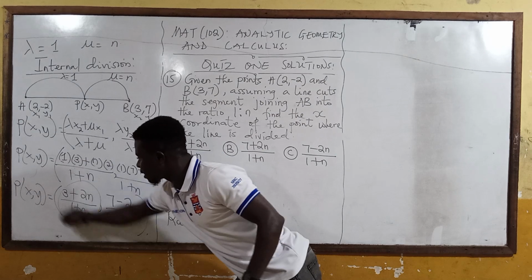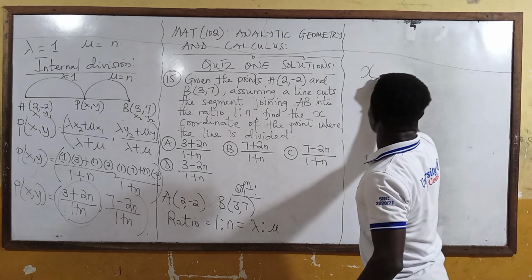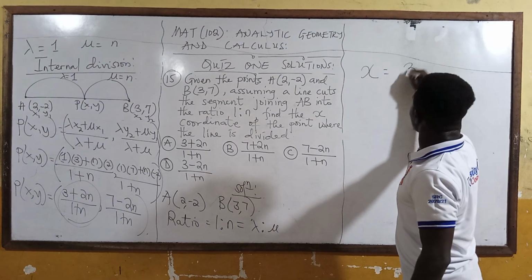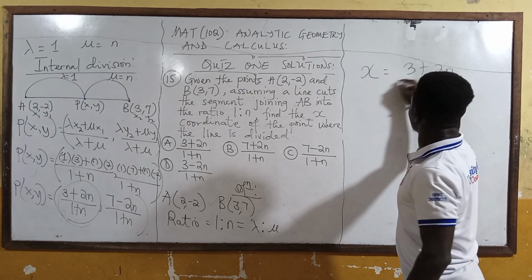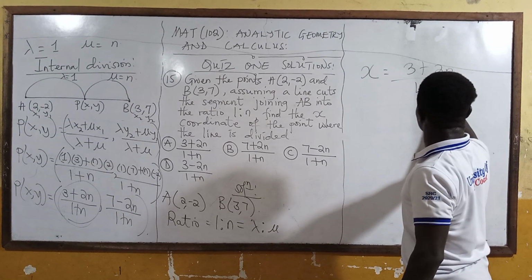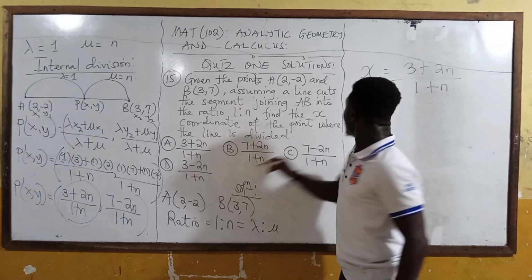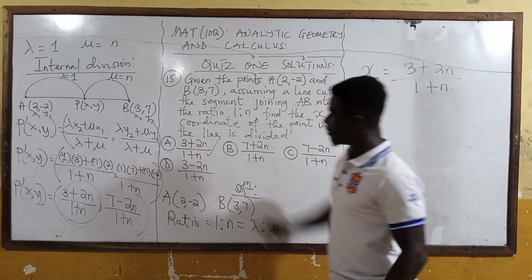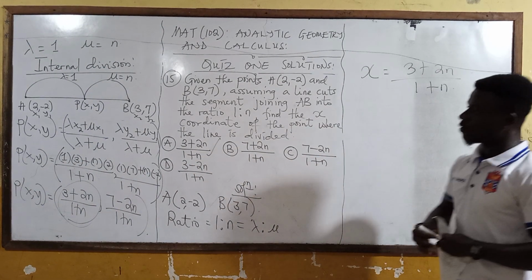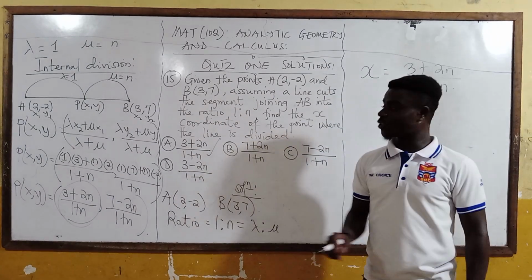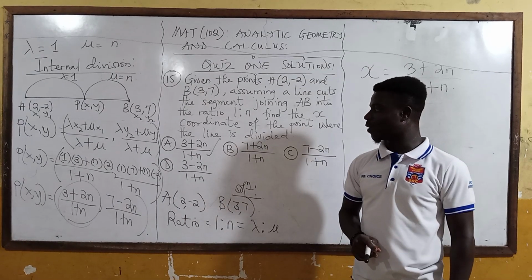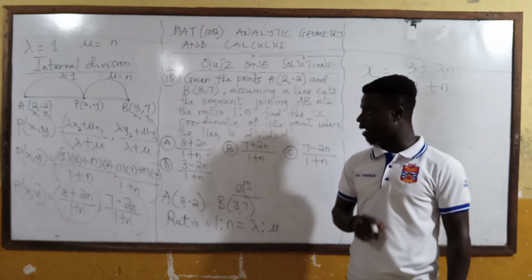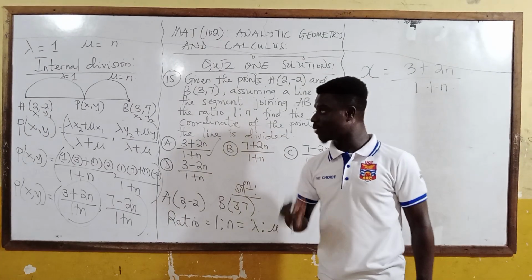So this is our x coordinate. So our x coordinate is 3 plus 2n divided by 1 plus n. That's option A, 3 plus 2n divided by 1 plus n.